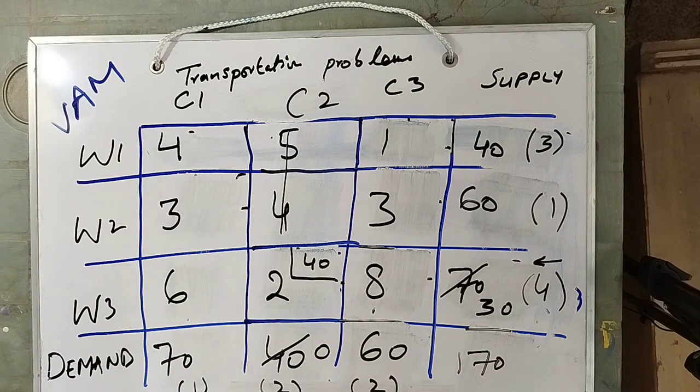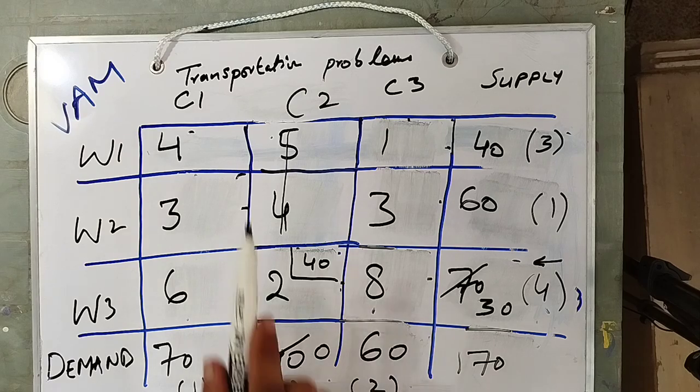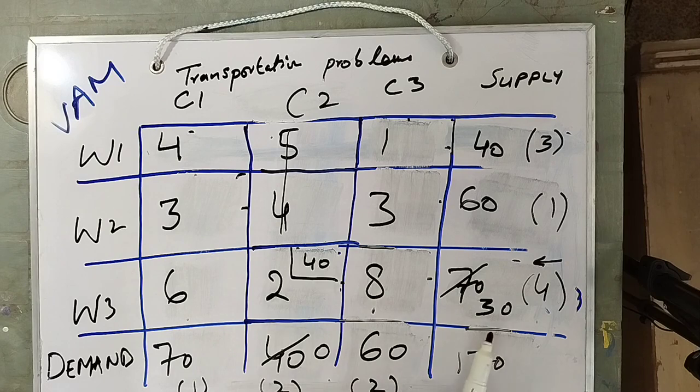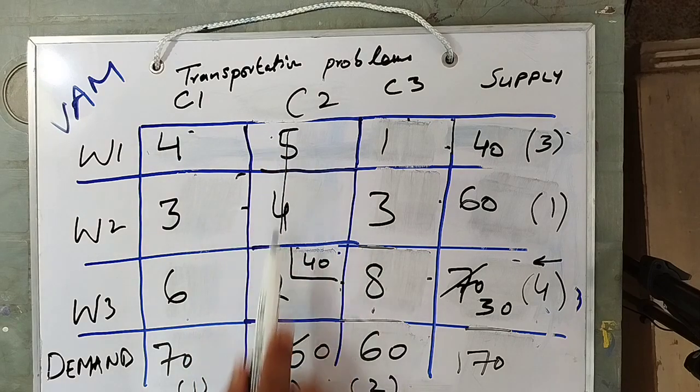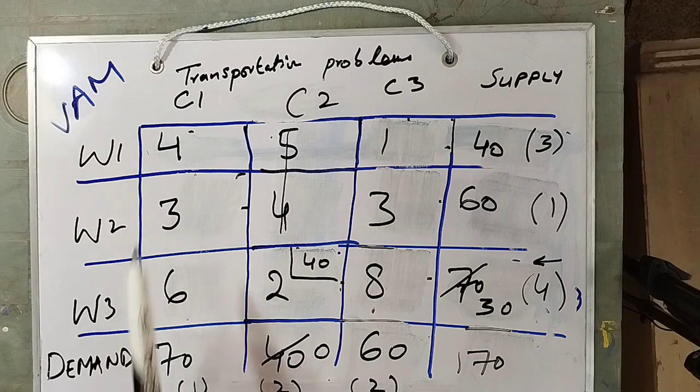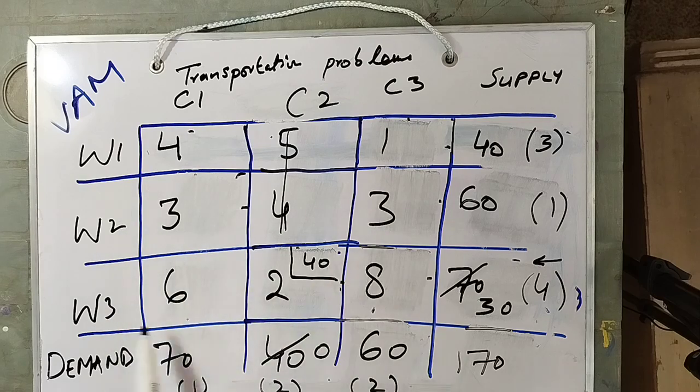This is an important thing to understand, because 0 is here. Wherever the 0 is, you have to cut in that direction. Since 0 is over here right now, we have to cut this, so we will not be doing any operation over here. Okay, let's move ahead. What is the remaining? Remaining is this 4, 1, 3, 3, 6, 8.